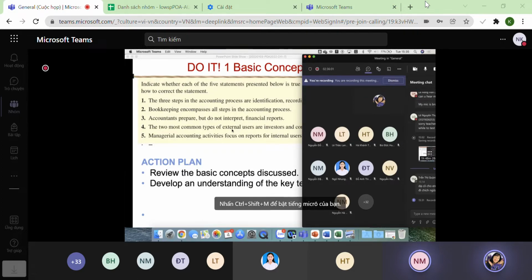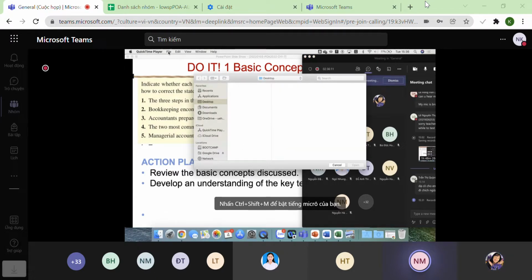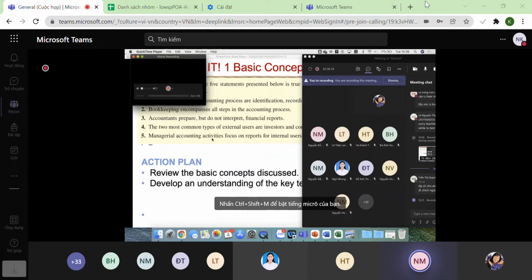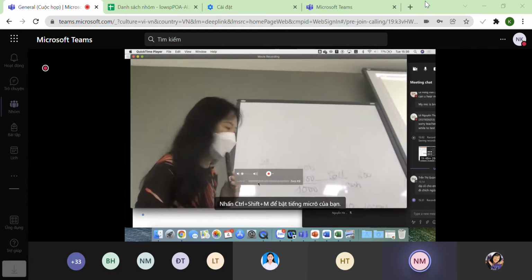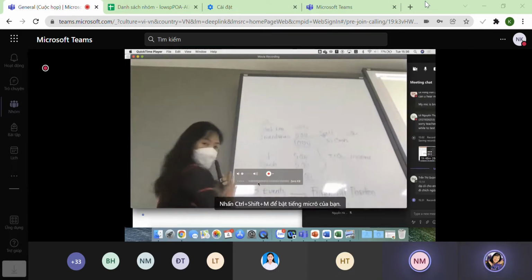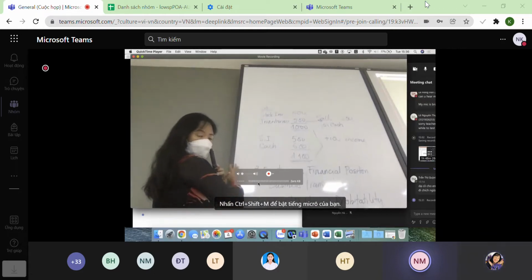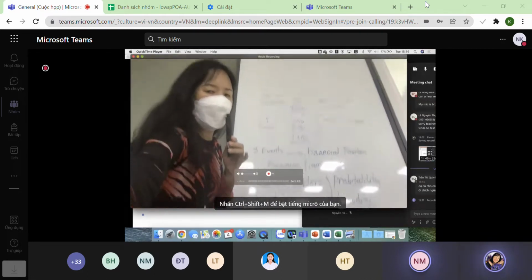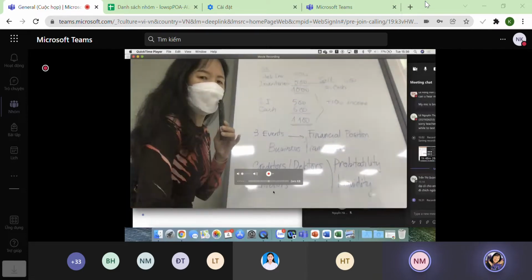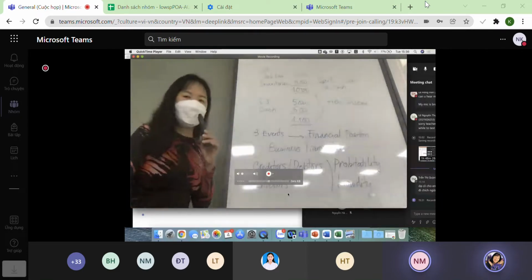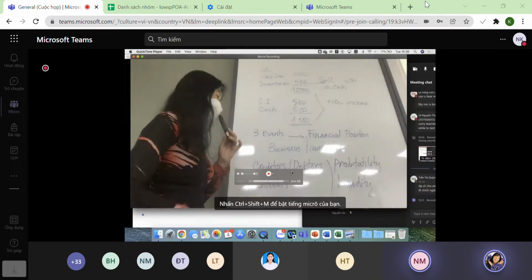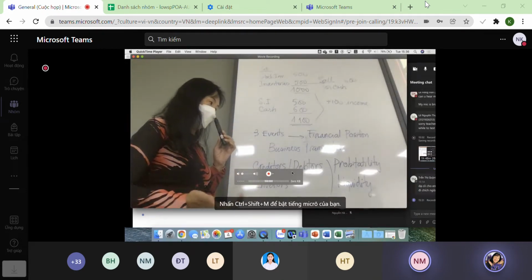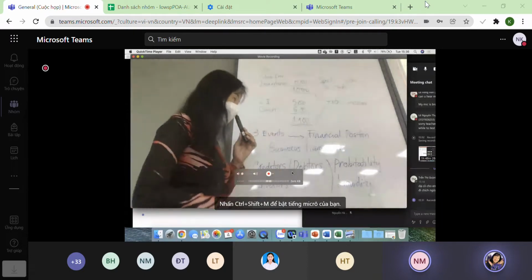And financial accounting focuses on the users, who are the creditors and investors, right? Creditors and investors. And they have different interests in financial information.